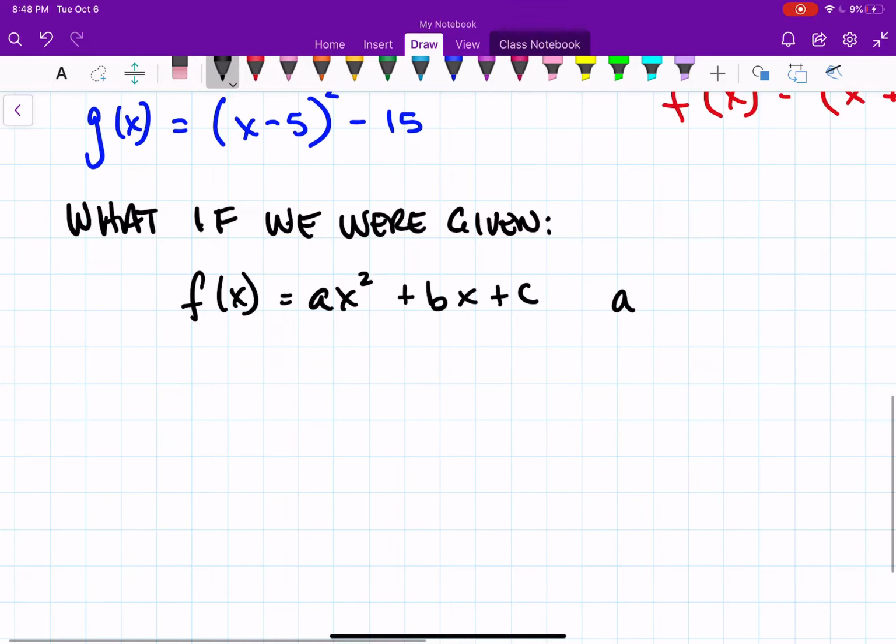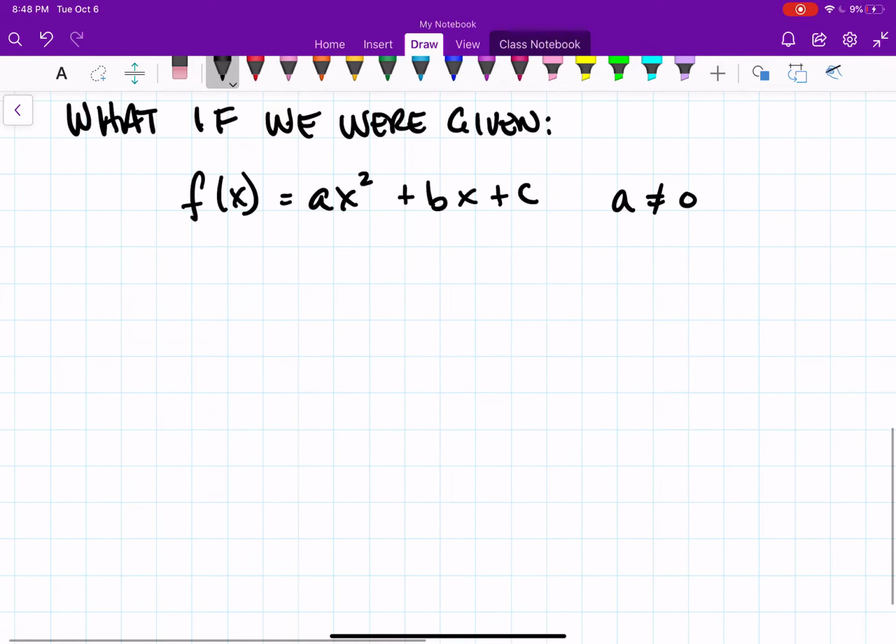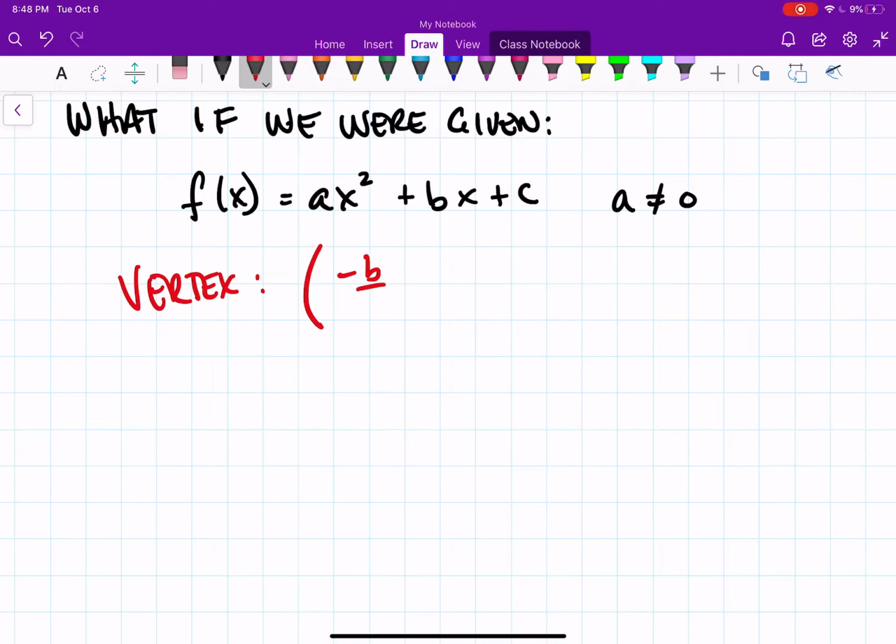Again, a cannot equal 0 because then it wouldn't be a quadratic anymore, right? So now what happens is that the vertex is actually negative b over 2a, comma, f of negative b over 2a.